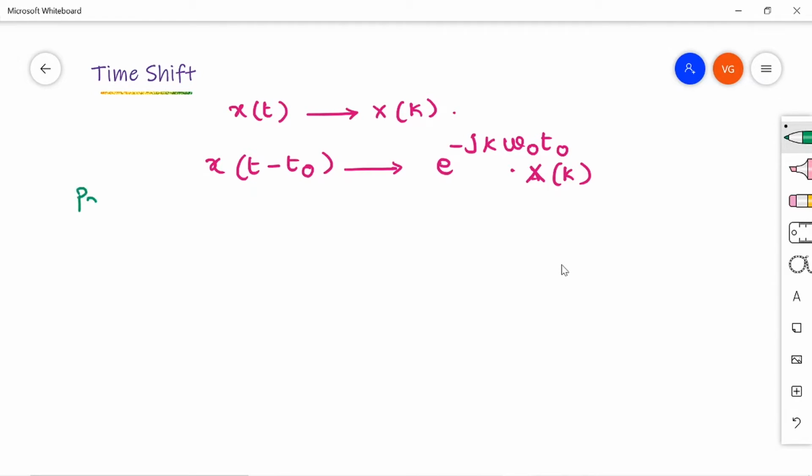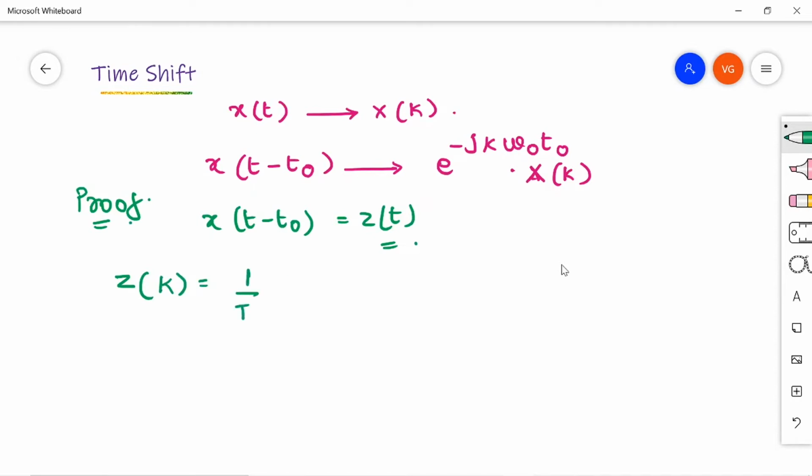This is again very simple. Let us call this x of t minus t naught be z of t, right? So for this z of t, I am trying to find out the Fourier series. Let us call the Fourier series be z of k.